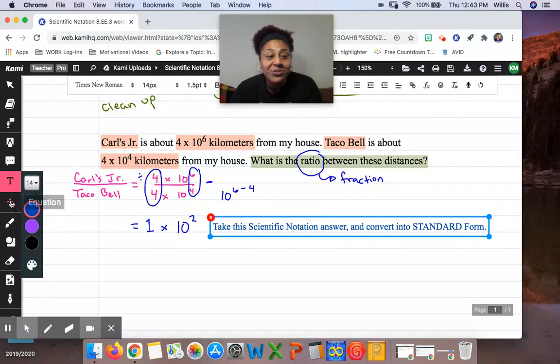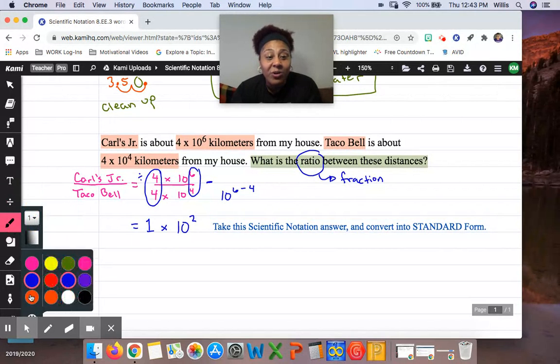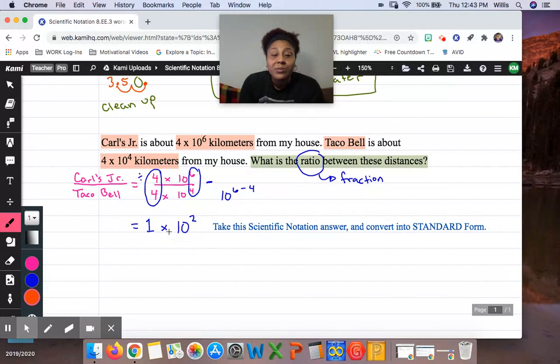So once you do that, if you have a whole number, the decimal, remember, is located at the end of that number. So we have 1.0. You can do that. 1 is equal to 1.0. Our exponent is 2. So I'm just going to move the decimal twice, new spot.